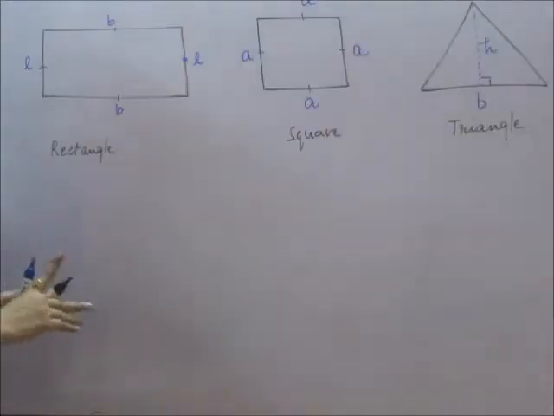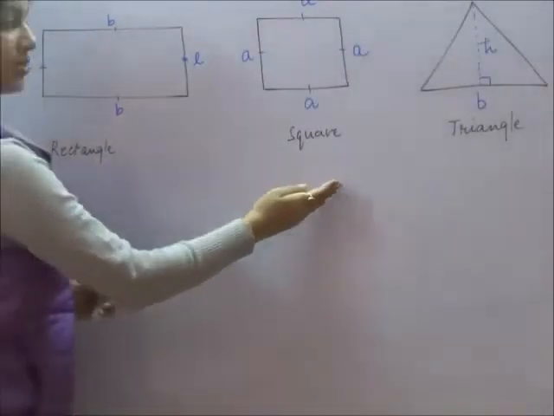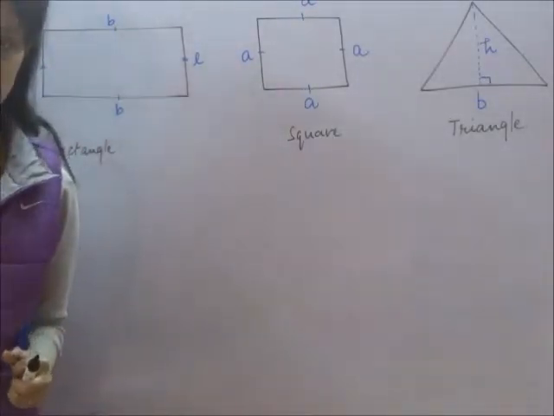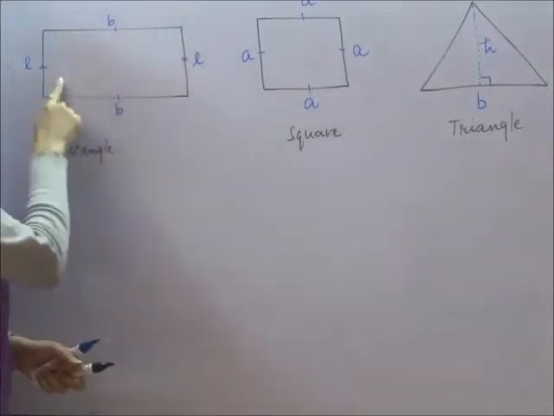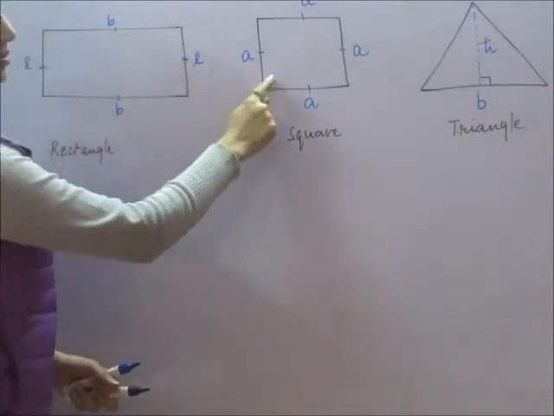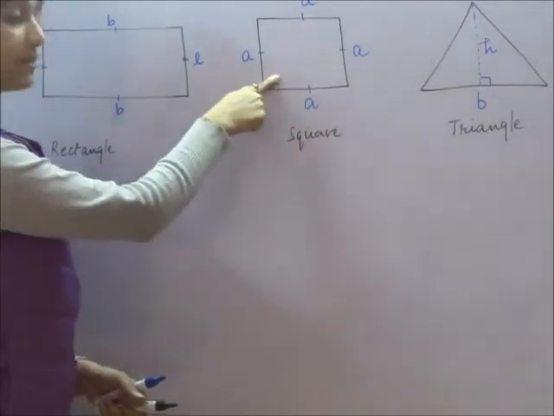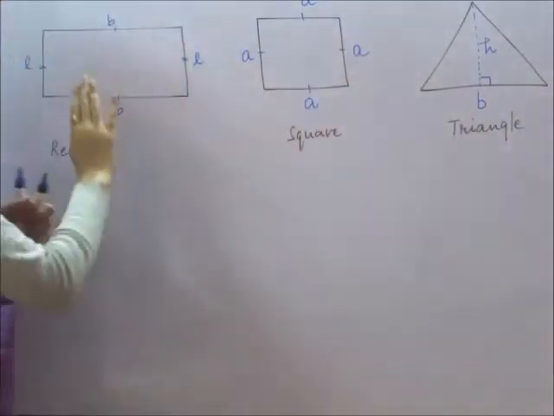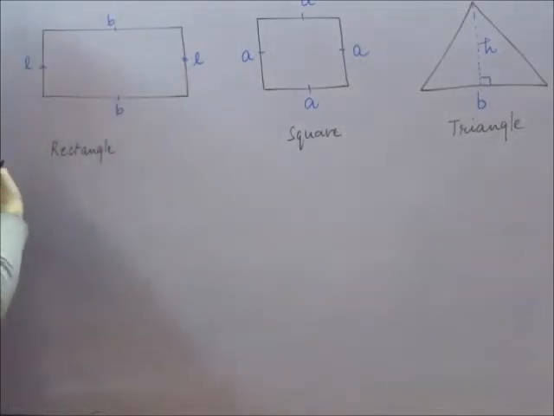Now, let us look into the areas for these three figures. The first thing that we would observe is that the figure is closed. So what would be the area for this figure?